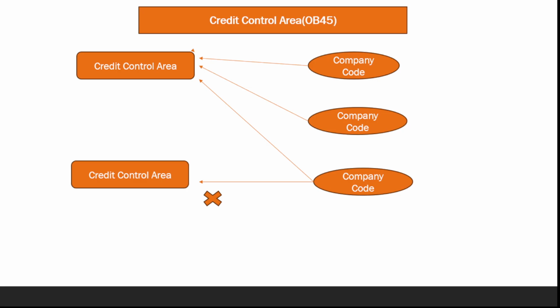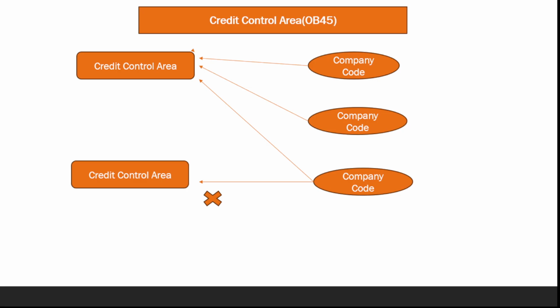Now, what are the benefits of credit control? Mainly, financial management areas are used for advanced functions like your treasury module. So the credit control area helps the treasury module in a great way by monitoring the credit, how much credit, and what the credit behavior of the customers is. In the simplest case, each company code corresponds to one credit control area.